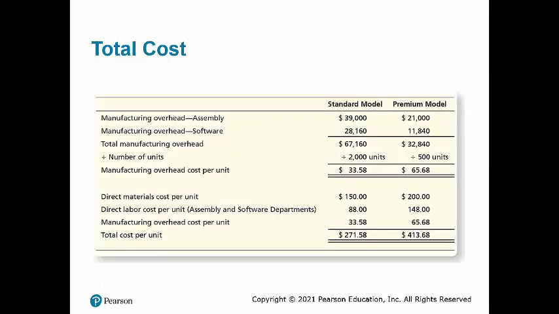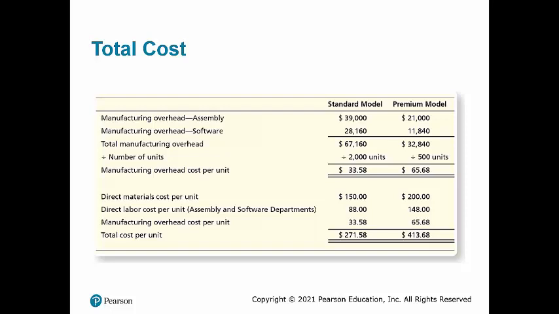Now we need to determine the total manufacturing overhead cost for each type of tablet computer. So for the standard and the premium model, we add together the overhead allocation for the assembly department and the software department. We get a total manufacturing overhead for each of the models and divide that by the number of units that we expect to produce.